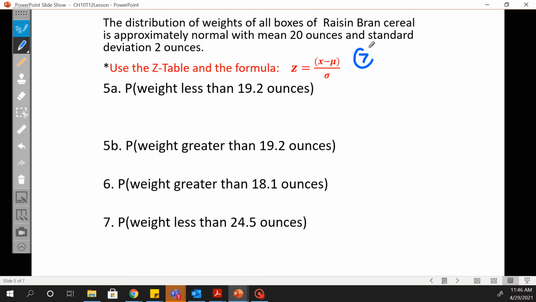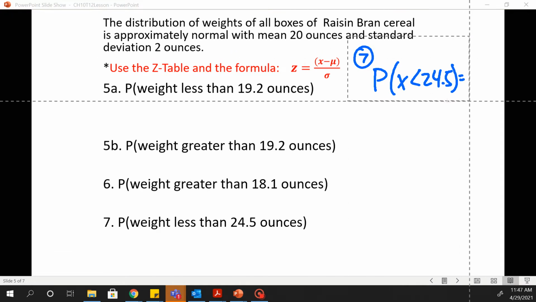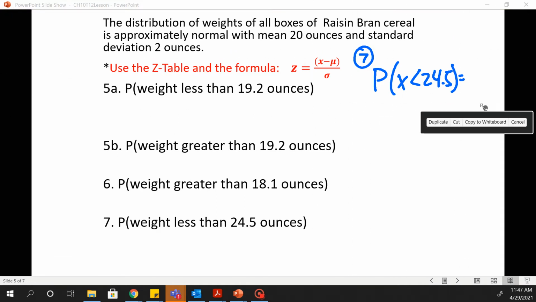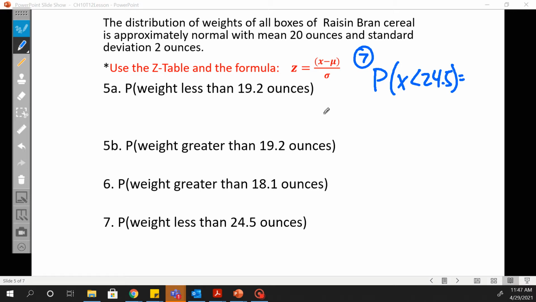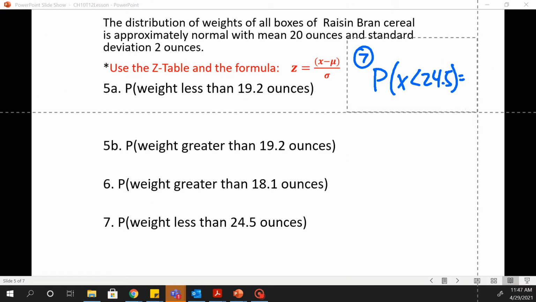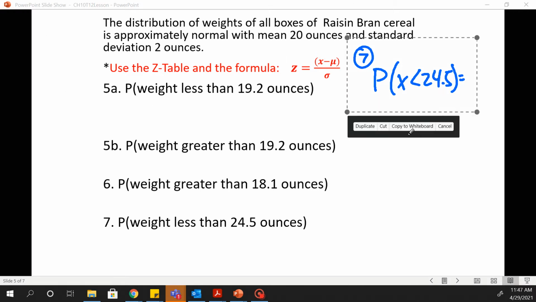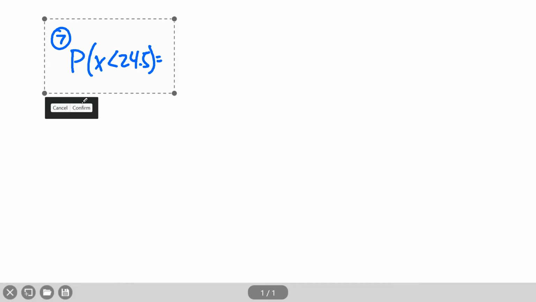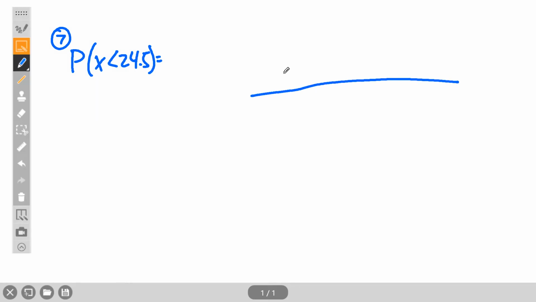And let me look at number 7. So I want the probability that the weight is less than 24.5. Just make my sketch so I know what I'm looking at. Doesn't have to be very nice, okay?